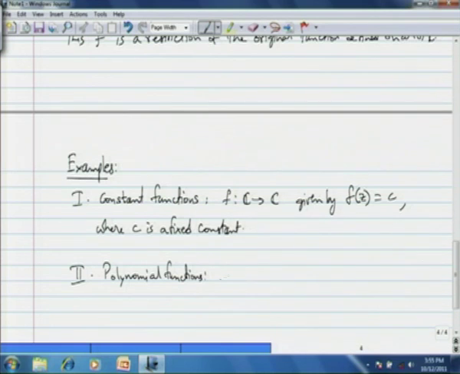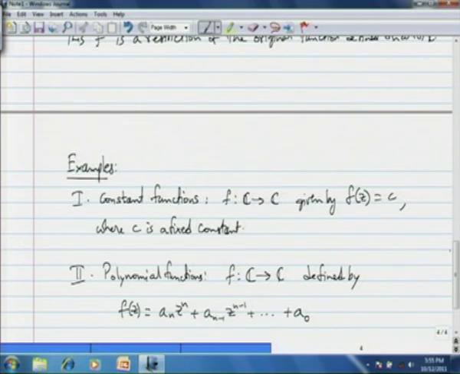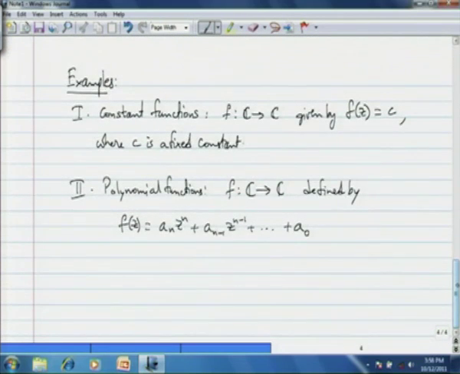So, these are functions from C to C defined by f of z is a n z power n plus a n minus 1 z power n minus 1 plus so on until plus a 0. Okay.